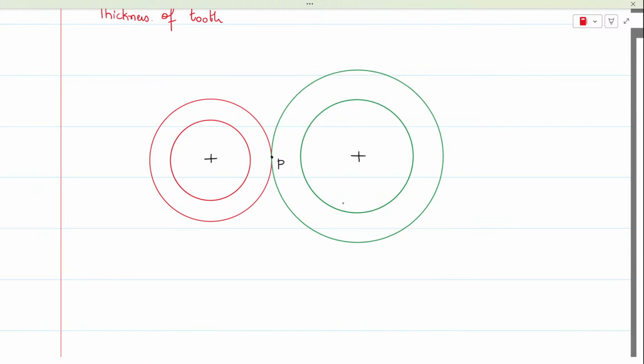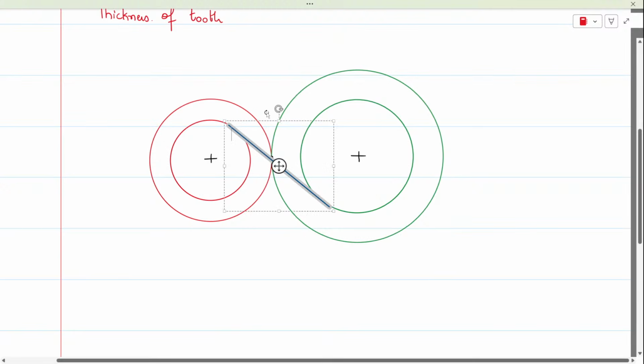Now I need to draw a line that is tangent to the base circle of the pinion as well as the base circle of the gear, and it has to pass through point P. Although it is a rough sketch, I have to reorient this line, somewhat changing its orientation, so that I can fix it properly.